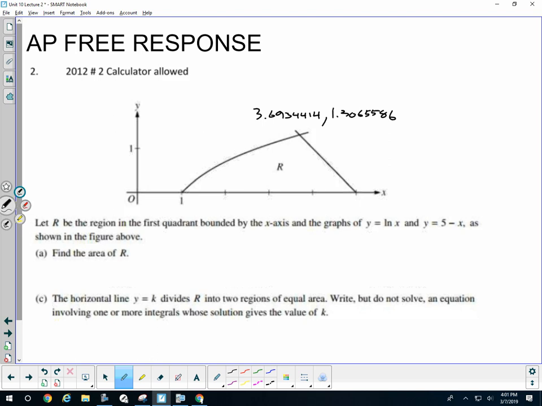Let's find the area R. Go ahead, find the area R. Do whichever way you want to do it. You don't have to use horizontal rectangles. You can use vertical rectangles. For a challenge, do it in both ways, because you can actually find it in both ways.